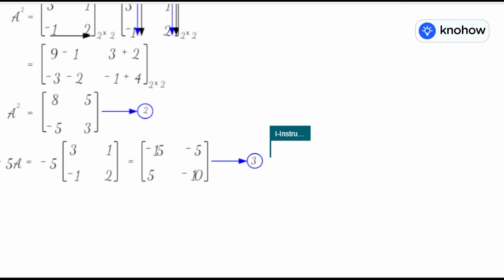Then find out 7I. 7I means 7 times the identity matrix of second order, because the given matrix A is also of second order. So 7 times 1, 0, 0, 1, that is multiplying each element by 7. So this is equal to 7, 0, 0, 7.